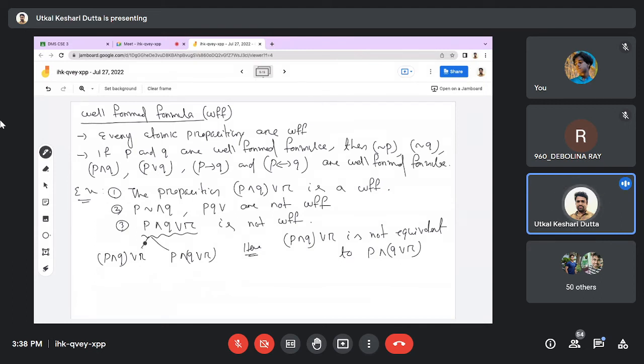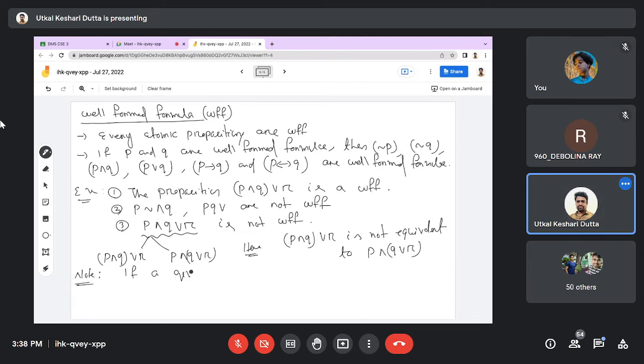To make it a well-formed formula, we can use the order of precedence that we have studied before. What is order of precedence?